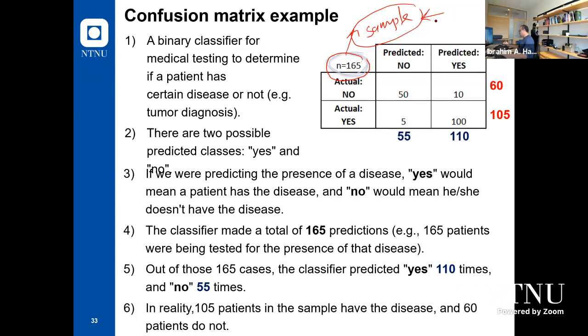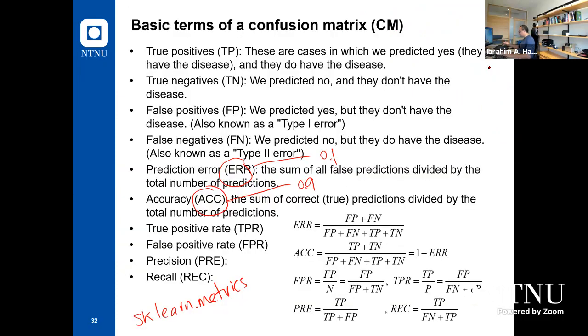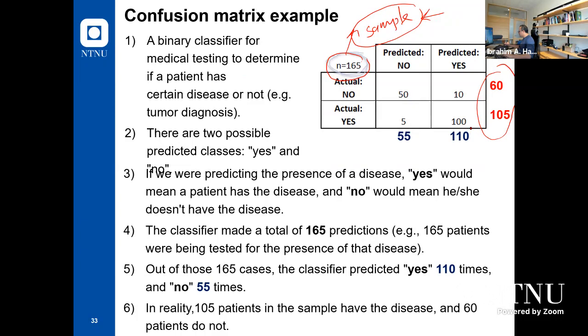In this experiment, we have 165 patients, and we are testing them. 60 of them are negative, 105 are positive. Those are the actual class. This one is the predicted class.